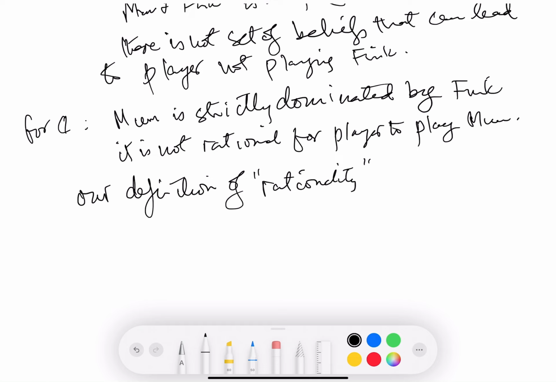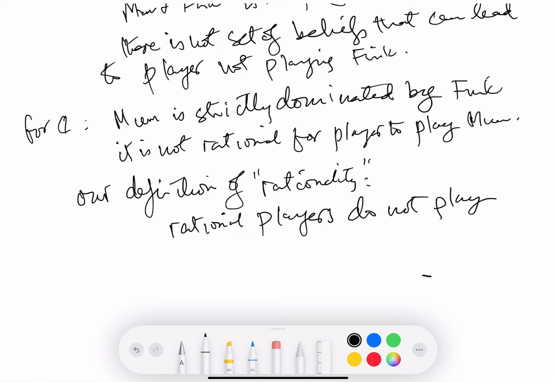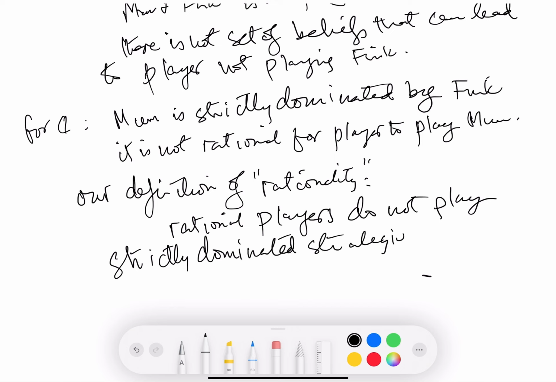We have axioms of rationality, and we'll talk about them as we move along. But here, the definition of rationality is rational players do not play strictly dominated strategies. Equivalently, we can say that mum is strictly dominated by Fink, and Fink strictly dominates mum.